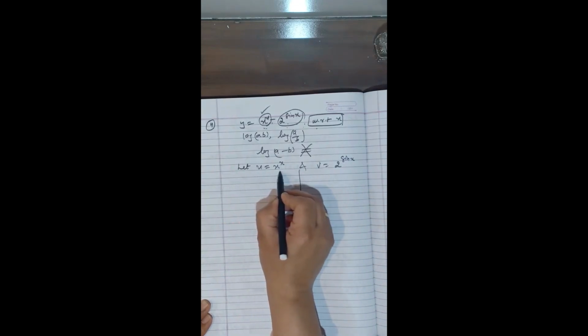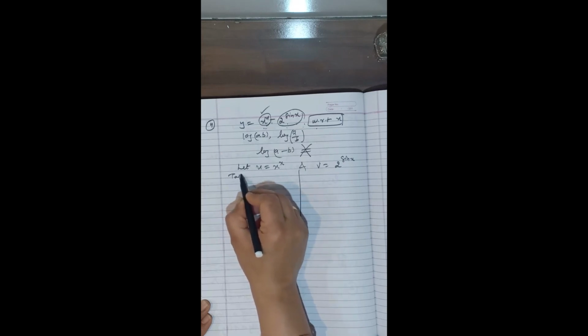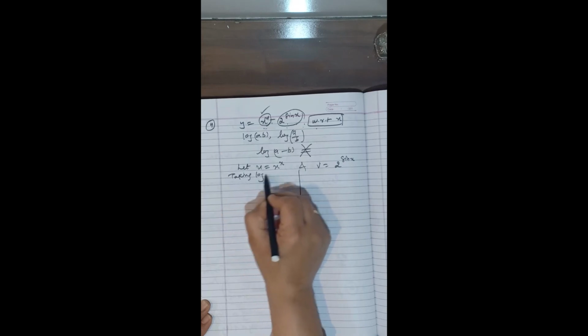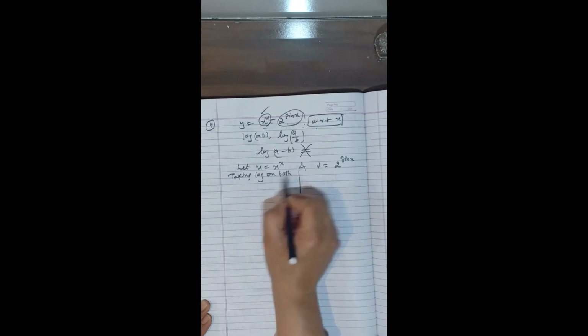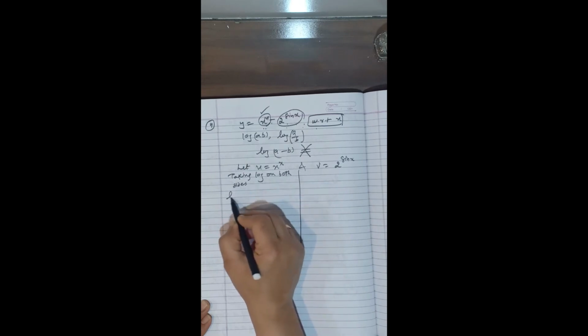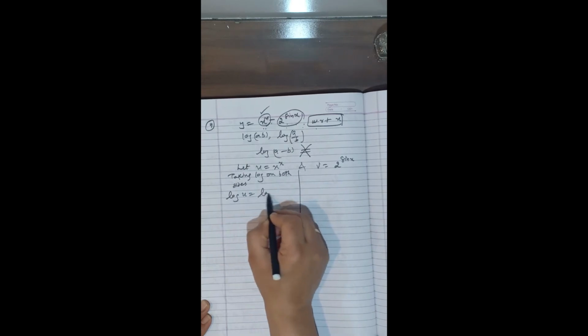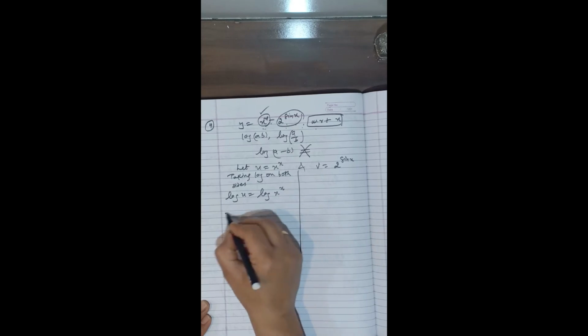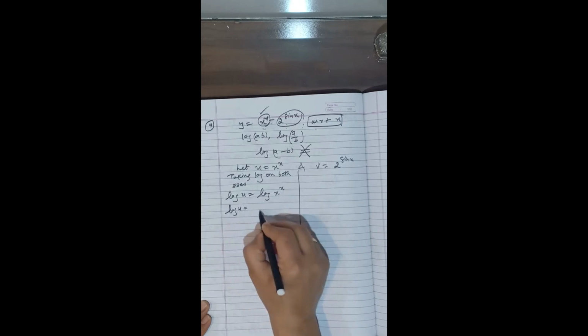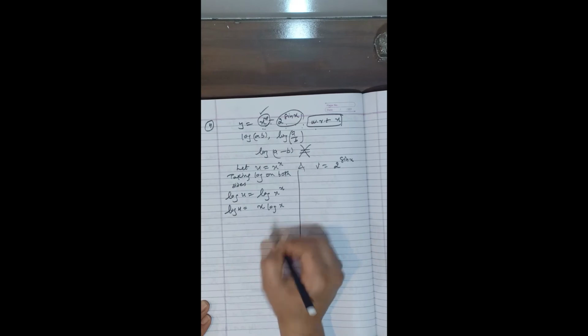u is equal to x raised to power x. Taking log on both sides, you will get log of u equals log of x raised to power x. It will become log u equals x into log x.